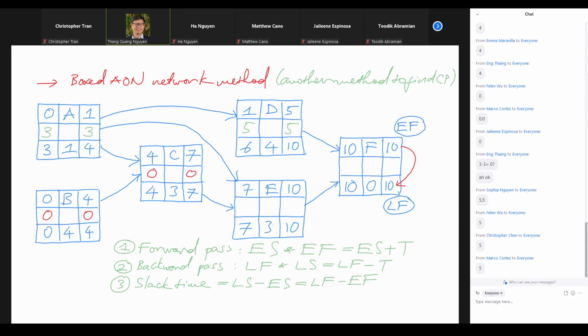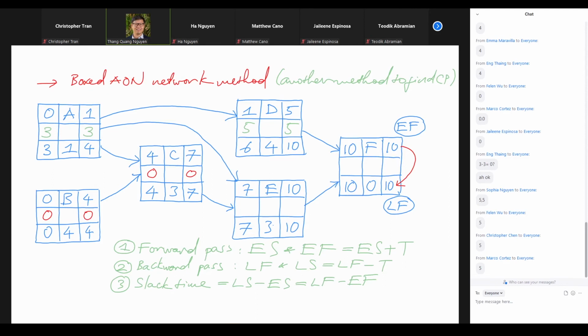And it means the following. D can be delayed by 1 week without affecting the project schedule. Or D can be delayed by 2 weeks, or by 3 weeks, 4 weeks, or even 5 weeks without affecting the project schedule.